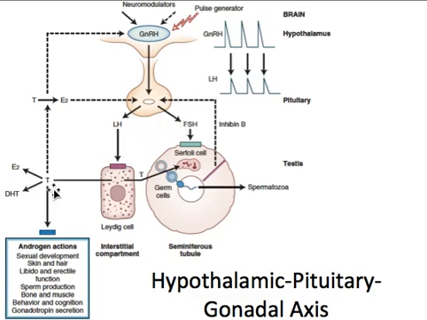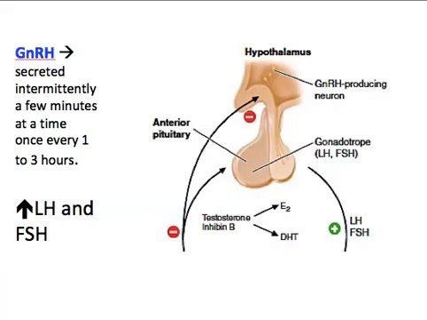And now your testosterone will provide a negative feedback to your pituitary and your hypothalamus to decrease either your GnRH or your gonadotropin secretion, primarily your LH. So again, your GnRH is secreted intermittently, a few minutes at a time, once every 1 to 3 hours.